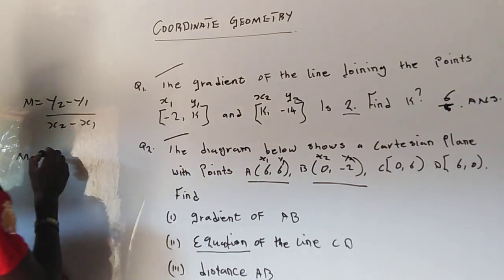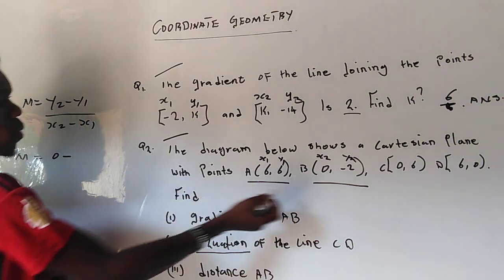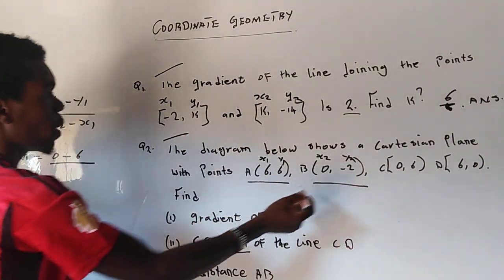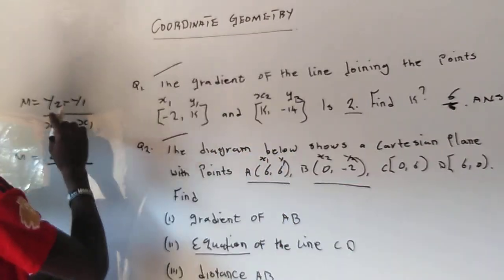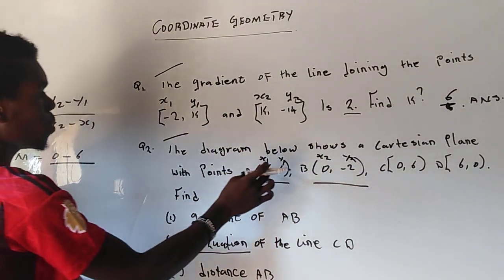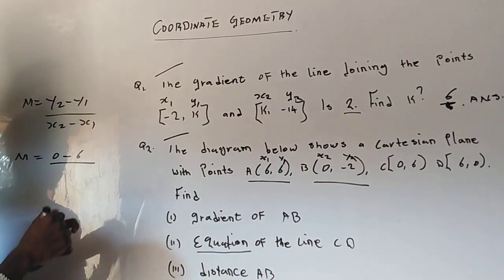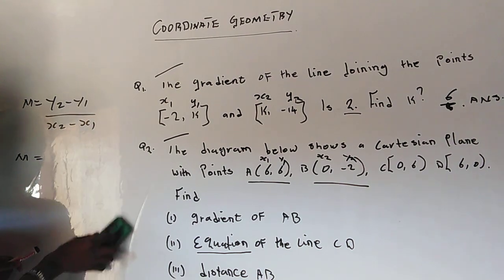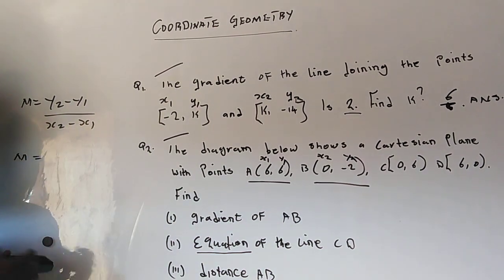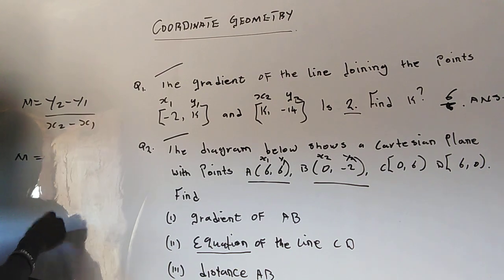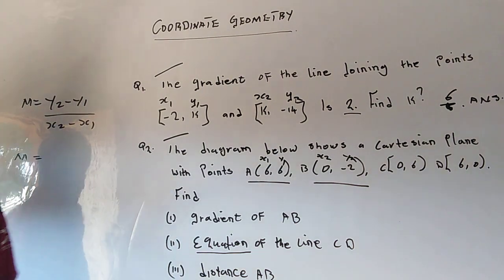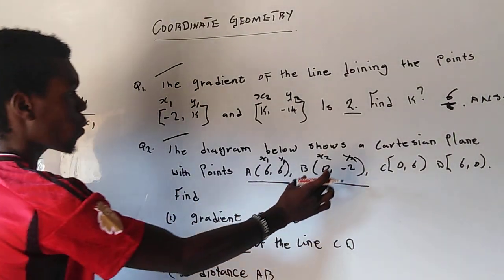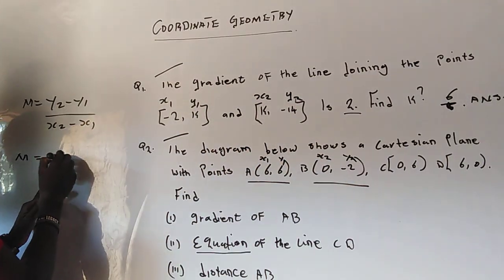So what's my y2? My y2 is 0, so m is equal to 0 minus, what's my y1? My y1 is 6. What's my x2? Oh, here it's y2, y2 is negative 2, sorry about that.